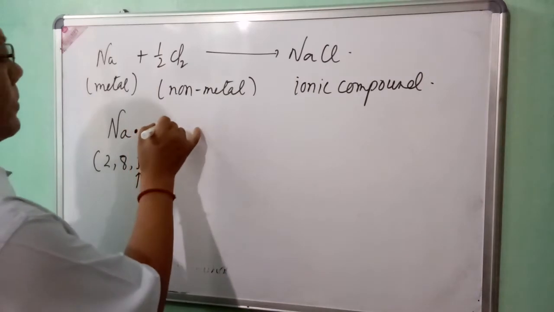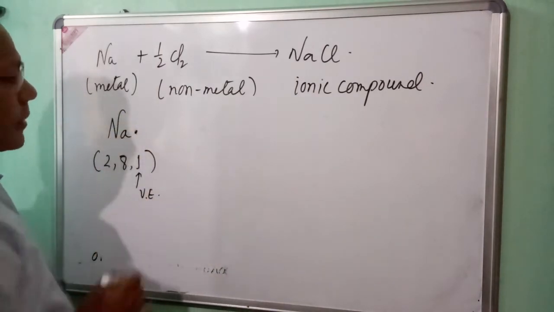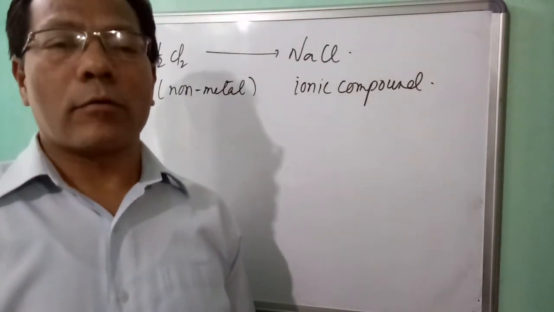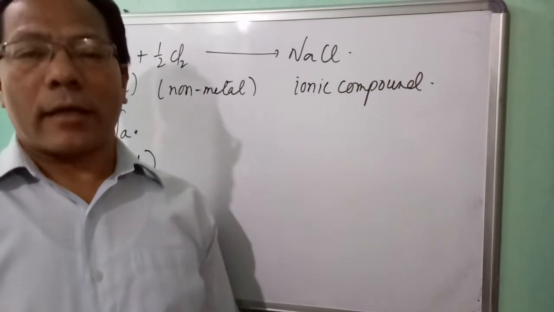Sodium is a metal. Metals are electropositive elements which can lose their valence electrons to form a cation.